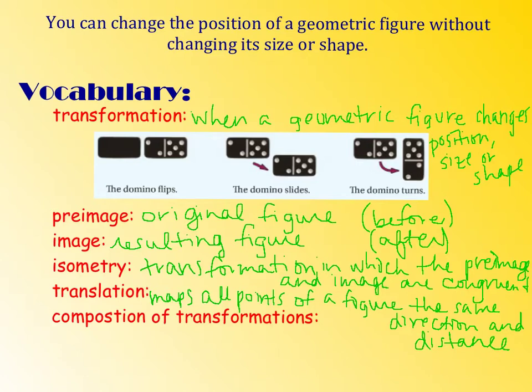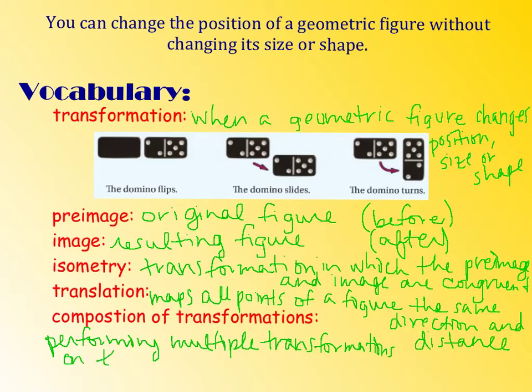And then our last definition is composition of transformations, which means performing multiple transformations on the same preimage. So just doing multiple things to it.